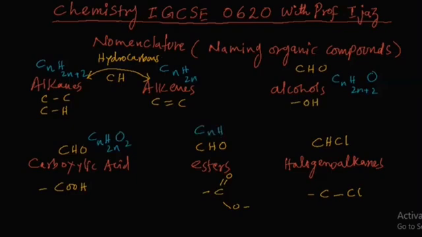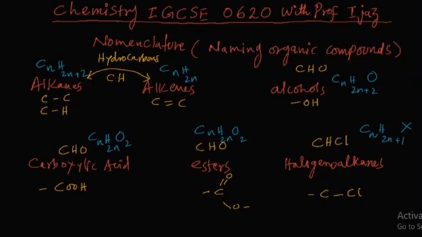So the ester and the carboxylic acid have the same general formula. In the halogenoalkane, because there is a halogen, the rest of the compound is CnH2n+1, and then X. X means chlorine, bromine, iodine, any halogen. So the general formula represents the carbon to hydrogen ratio in the alkane and alkene.